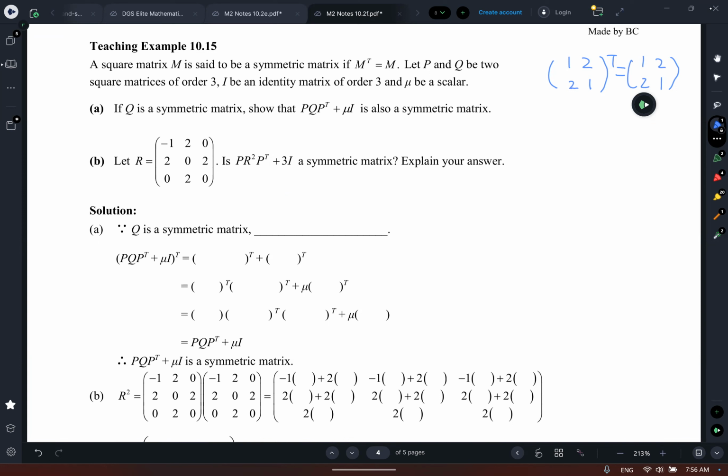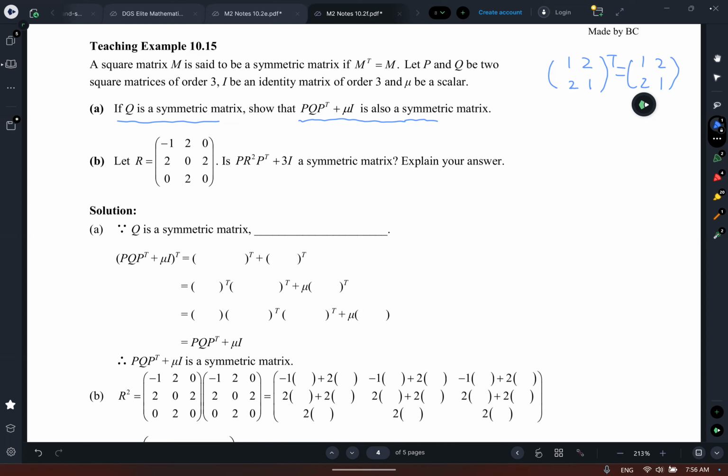So something about this idea, a symmetric matrix. Now if P and Q are two square matrices of order 3, and I be the identity matrix of order 3, and mu a scalar, let's see the conclusion. The first thing you need to show is that given Q is symmetric, show that the conclusion is also symmetric.